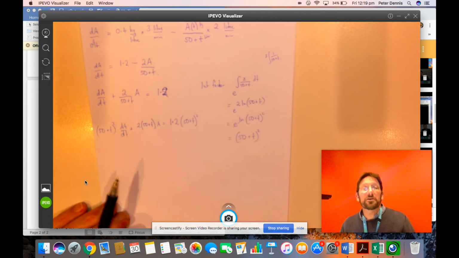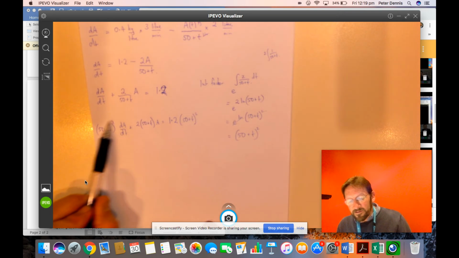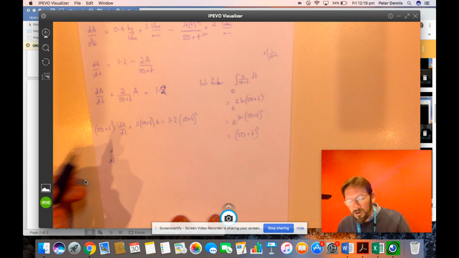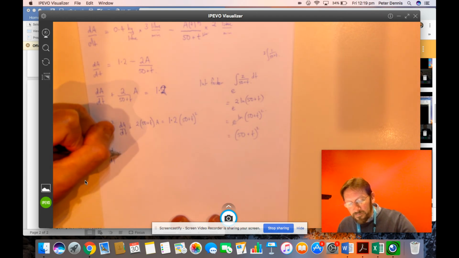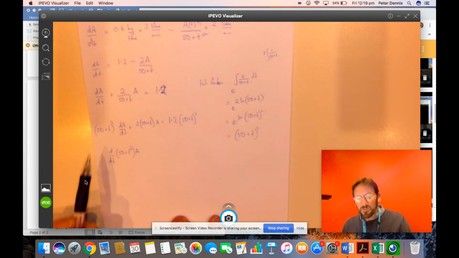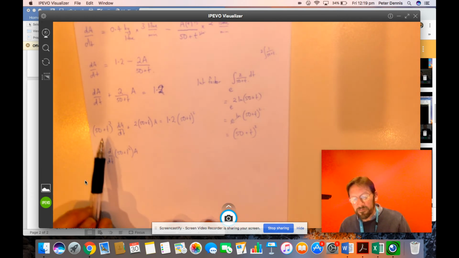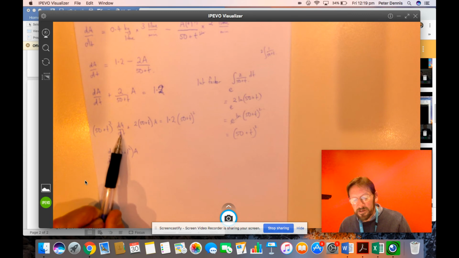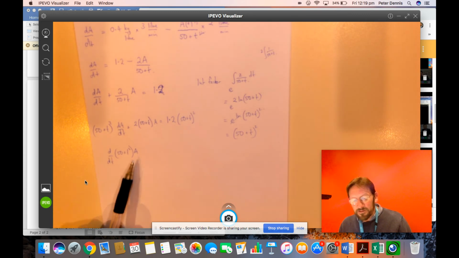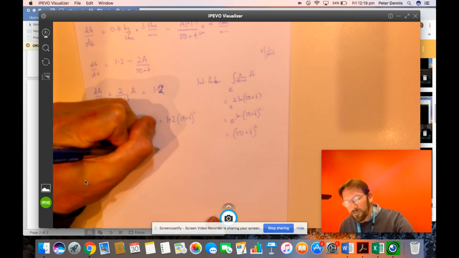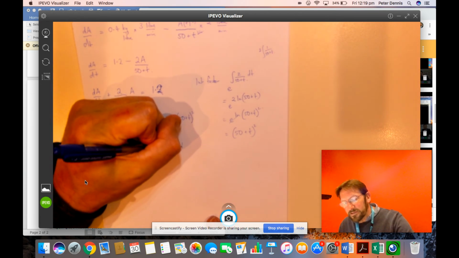Now remember, the whole idea of this integrating factor is that the left side is really the derivative of 50 plus t squared times A. Because this is a product, it's the first term times the derivative of the second plus the second term times the derivative of the first. And that's going to equal 1.2 times 50 plus t squared.